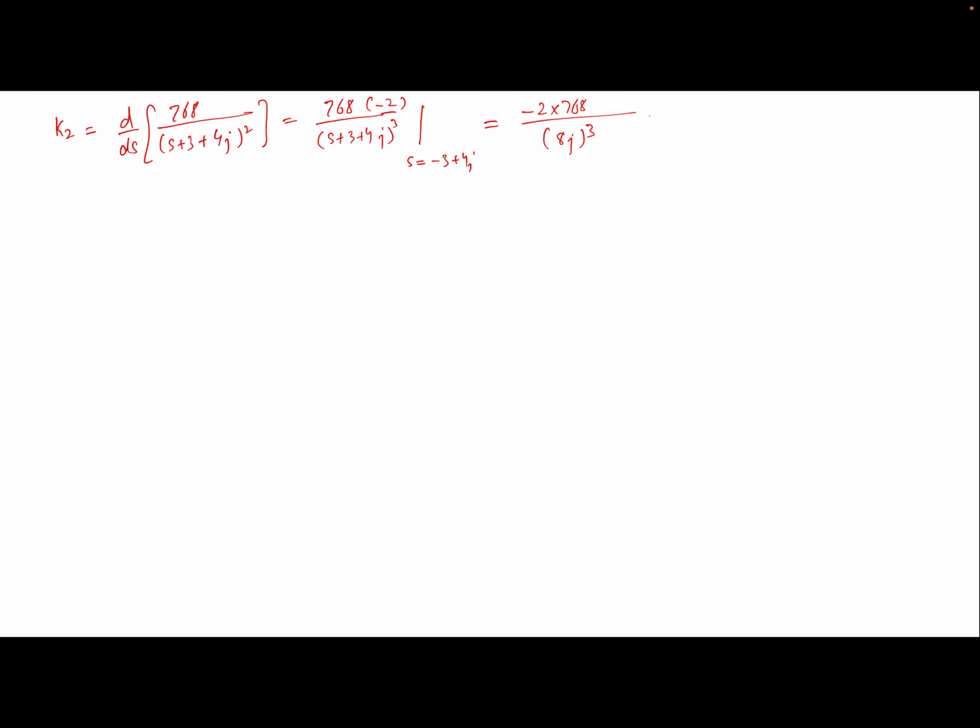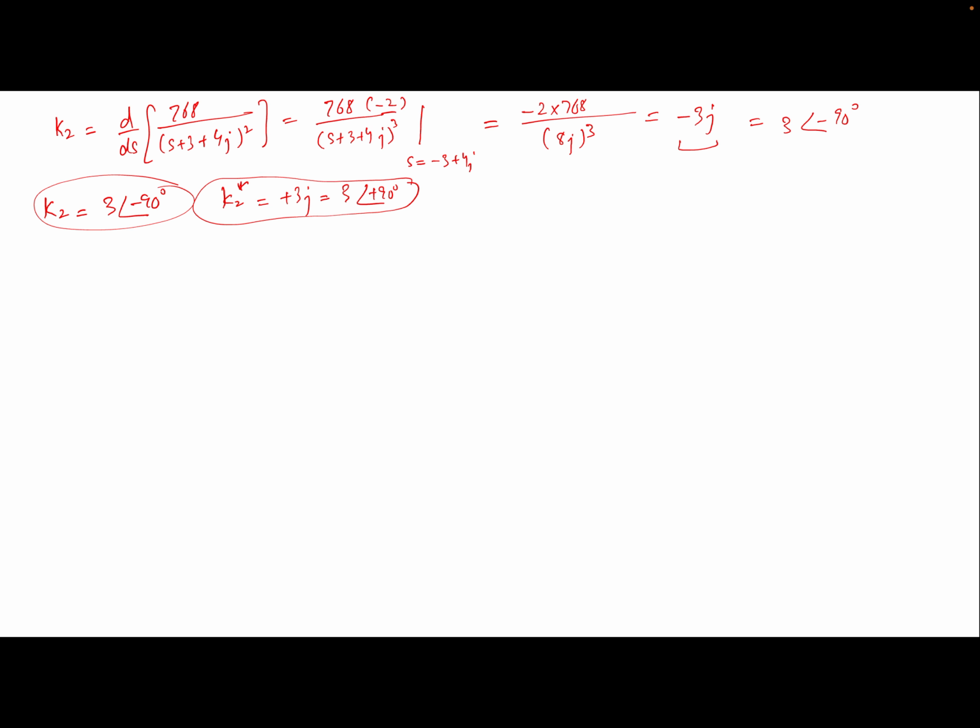If you solve this, you're going to get minus 3j, and again you can represent minus 3j by 3 with an angle minus 90 degrees. So the value of k2 is going to come out to be 3 with an angle minus 90 degrees. So the value of k2 prime is going to come out to be plus 3j, or 3 with a positive angle of 90 degrees.